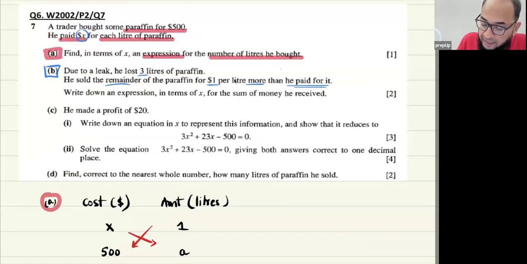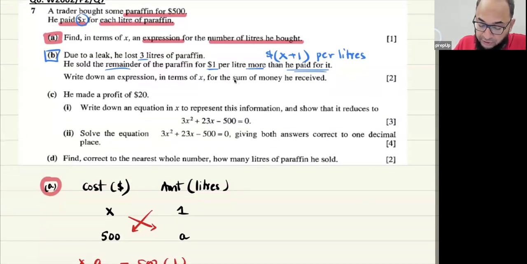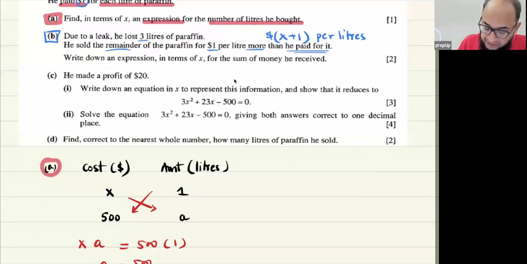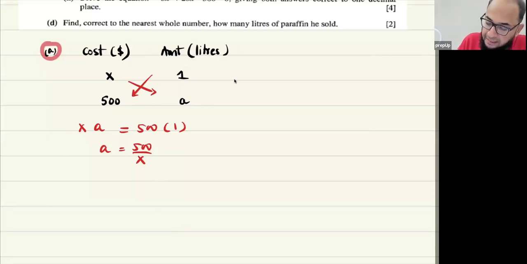So now he'll be charging x plus $1 per liter. That is the cost. He lost 3 liters of paraffin. And this is the number of liters. So a is the number of liters he bought.